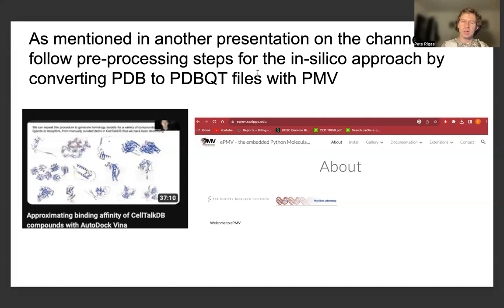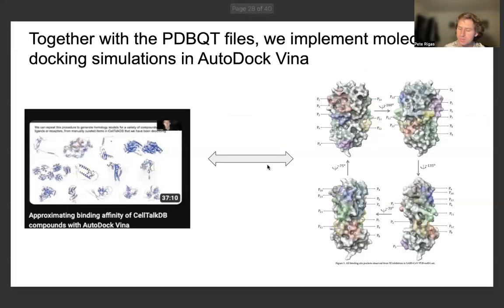And the Python Molecule Viewer also has open source documentation which can be downloaded from the Scripps Research Institute. Together with the PDBQT files, we implement the molecular docking simulations in AutoDock Vina.